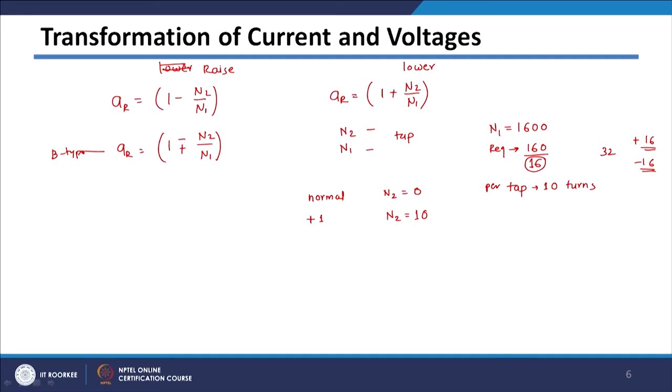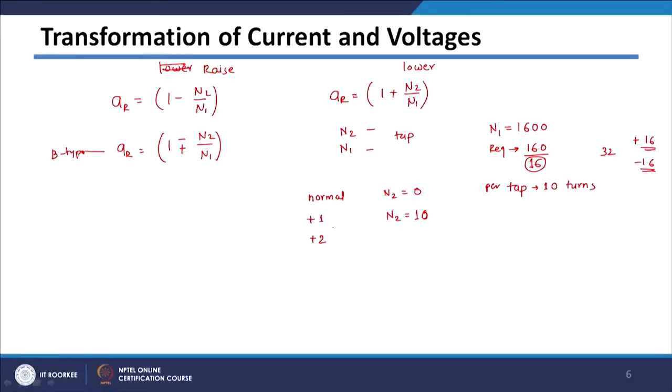For the second tap it will be again 10 turns, so N2 in that case will be 20 turns in the regulating winding. It is nothing but 10 into your tap position, which is 2. For plus 3 tap, your N2 turns will be 30, which is again 10 into your tap position.